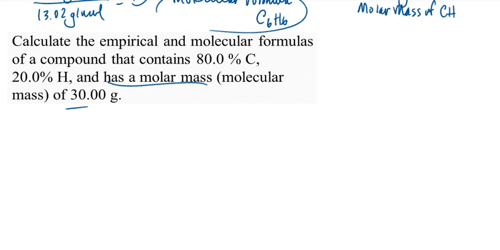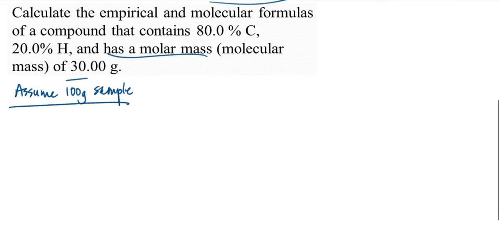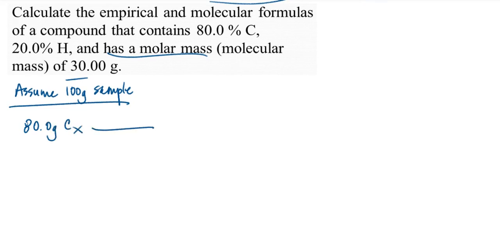And so what I can do is, again, I'm going to assume a 100-gram sample. Okay, and so that means I'm starting with 80.0 grams of carbon. I'm going to change these grams of carbon to moles of carbon by dividing by the molar mass of carbon. And if I do that, if I take 80 and divide by 12.01, I get 6.66 moles of carbon.